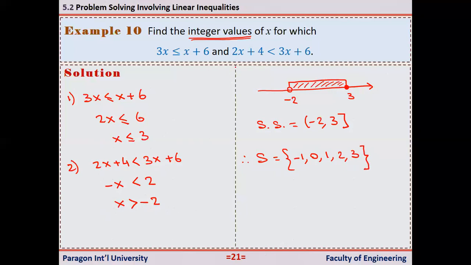That is the answer to this question, because it is asking us to find the integer values. And on this interval, we have infinitely many real numbers, and among these, only -1, 0, 1, 2, 3 are integers. So this is the answer or solution of this problem.